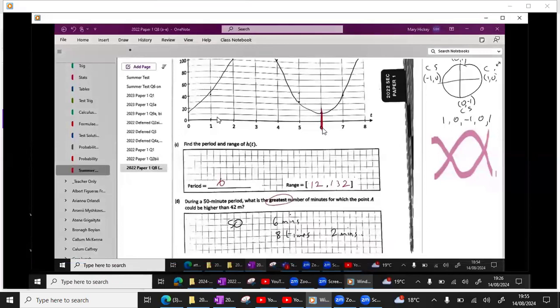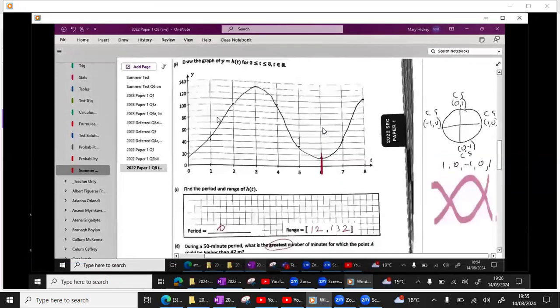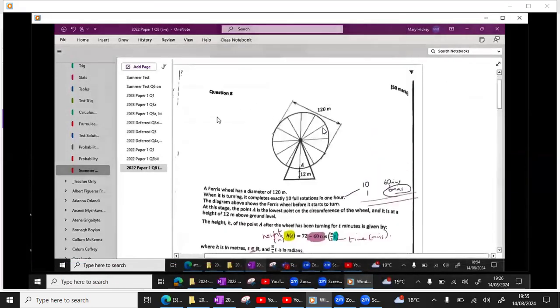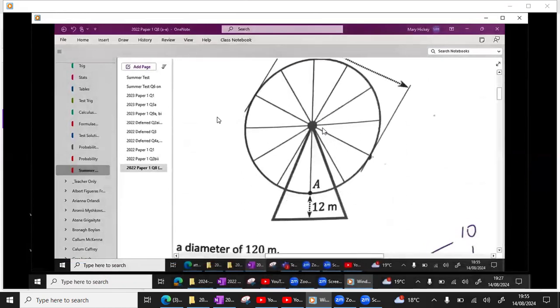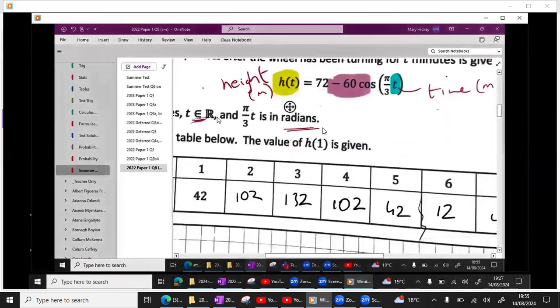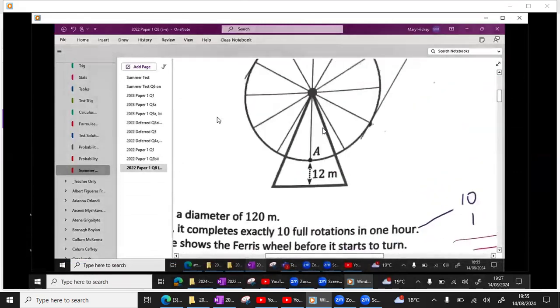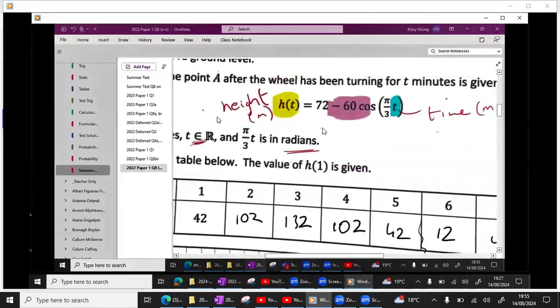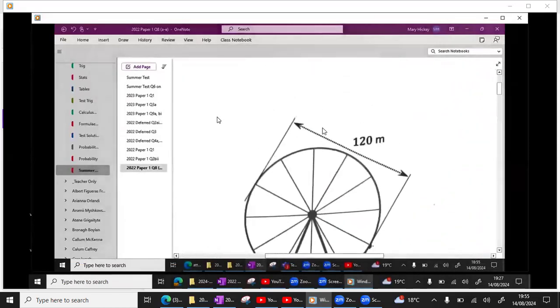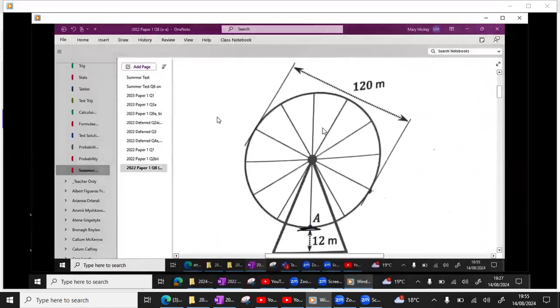So maybe if I go back to the diagram, this one will help. It's asking us for the greatest amount of time above 42. Now, looking at our pattern, 12 was the lowest, which makes sense because 12 is as low as it gets. 102 we said was the highest that it gets.